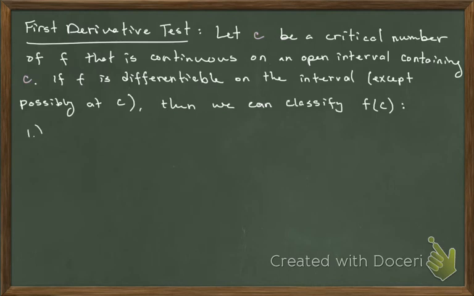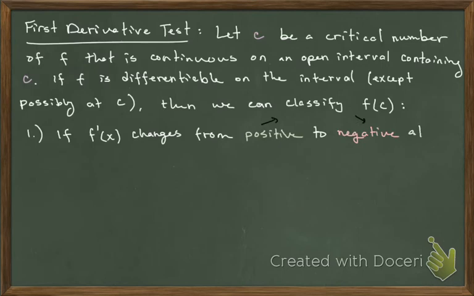We've got some different cases here. The first is that if f prime of x changes from positive to negative, and of course that means that my function goes from increasing to decreasing at C, then f of C is a relative maximum, right? Follow the arrows. My function is going from increasing to decreasing.